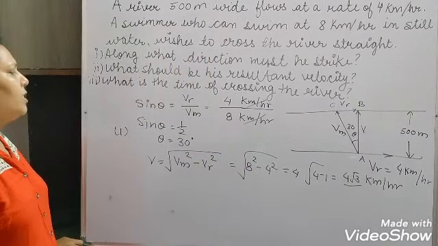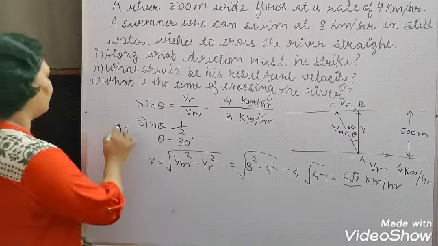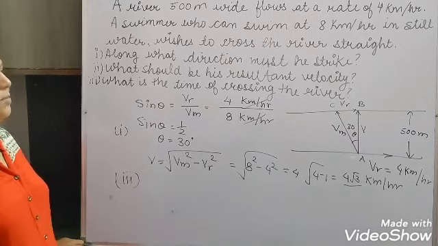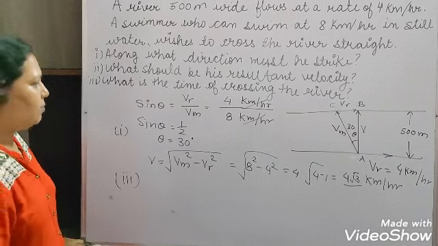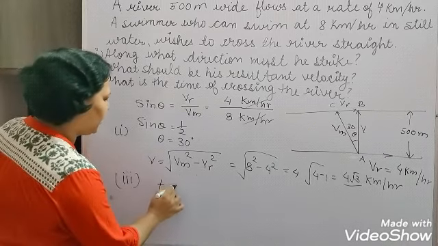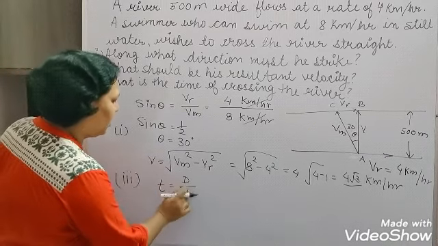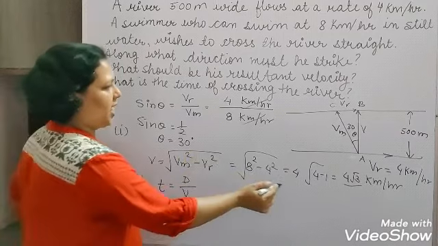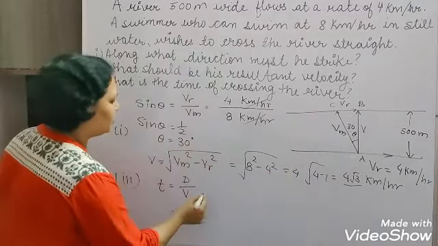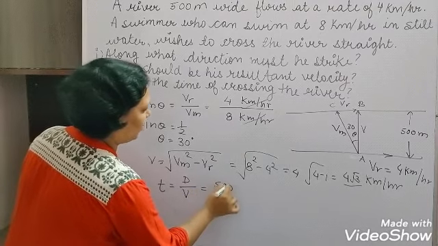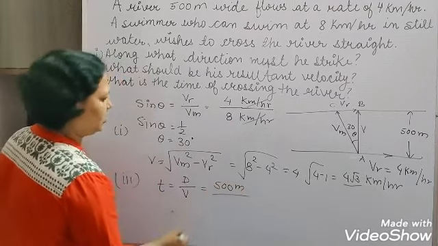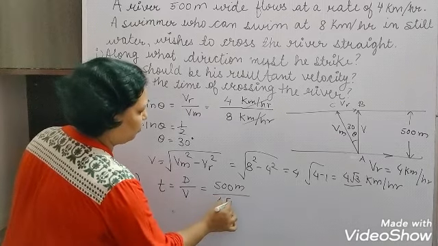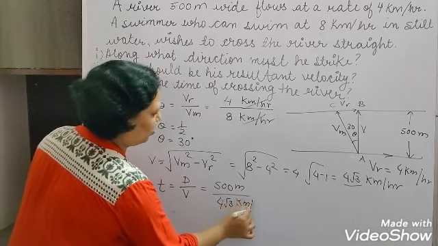Okay, now you will see the third answer. The third answer is, what is the time of crossing the river? So time of crossing the river, that means T is equal to distance upon speed. That is the resultant speed along AB. So distance is 500 meter, and the resultant velocity which we have calculated is 4 root 3, but it is given in km/h.